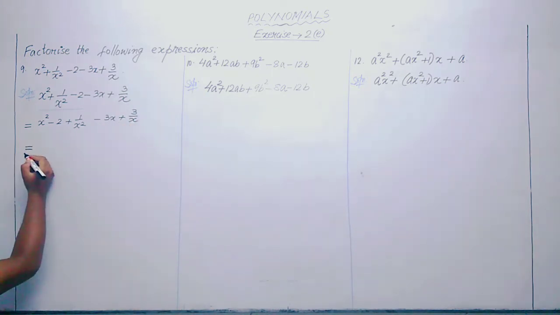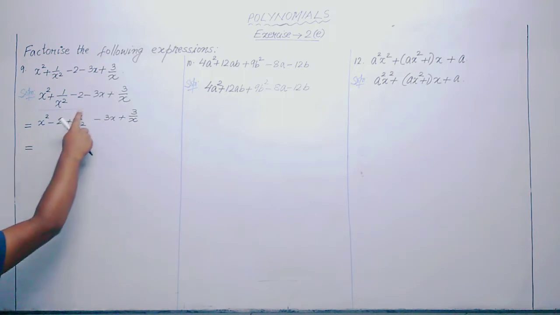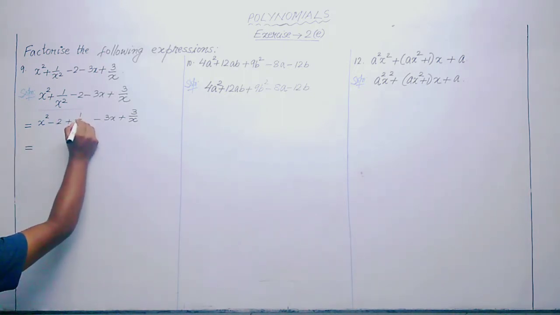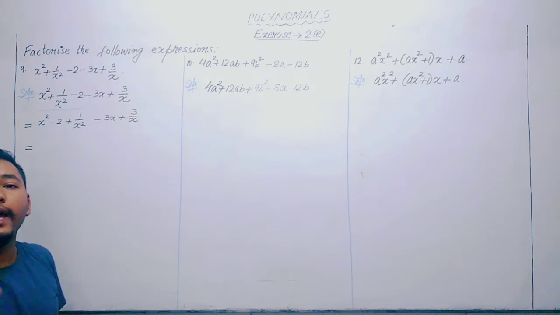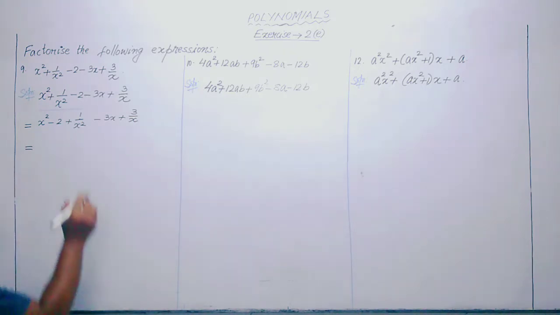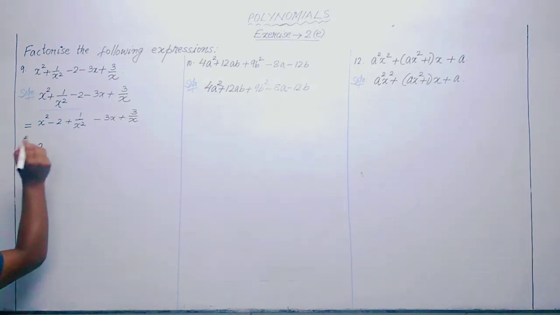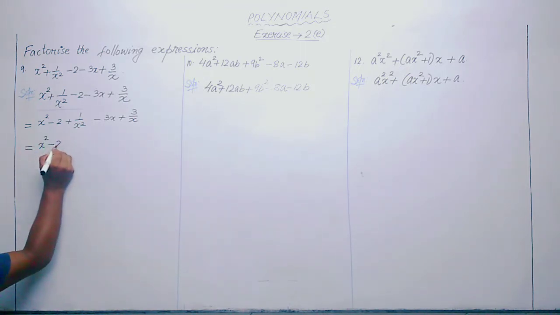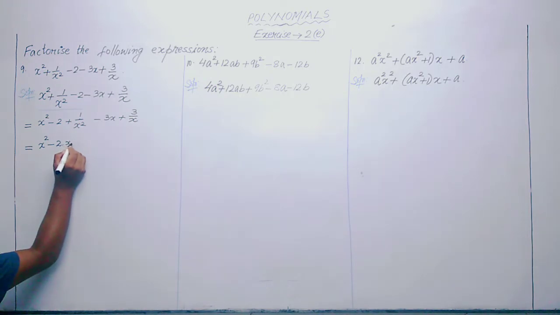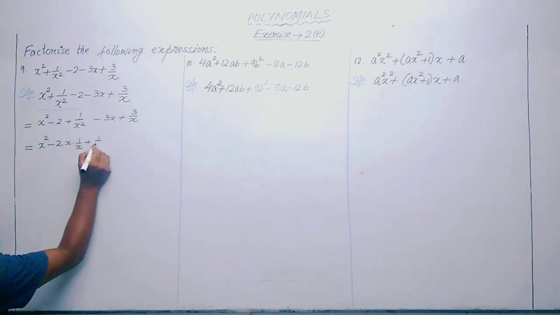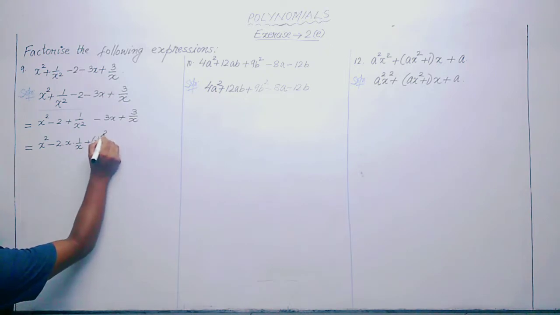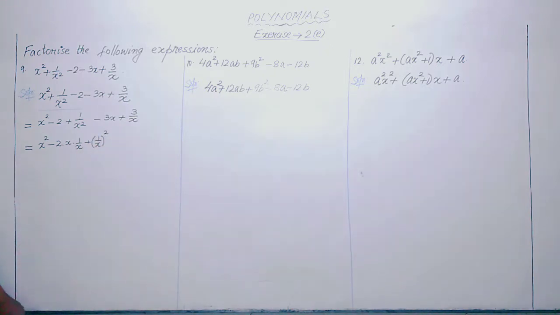Now, I am trying to convert these 3 terms to a standard form which can be used as an identity. Now, I write down, I'll make it like this. A square minus twice a into b plus b square.